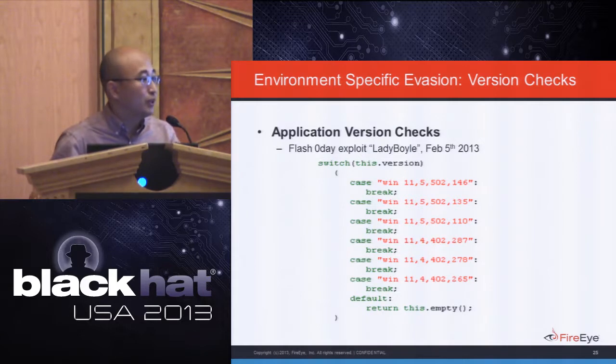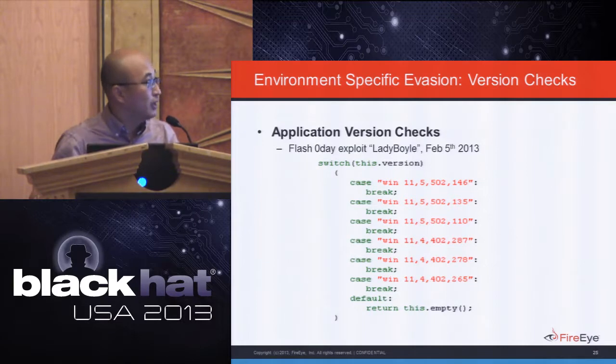When exploits try to attack, they want to make sure the target system is running the expected vulnerable application that they are looking for. This is a case study of a Flash 0-day that happened on February 7th.